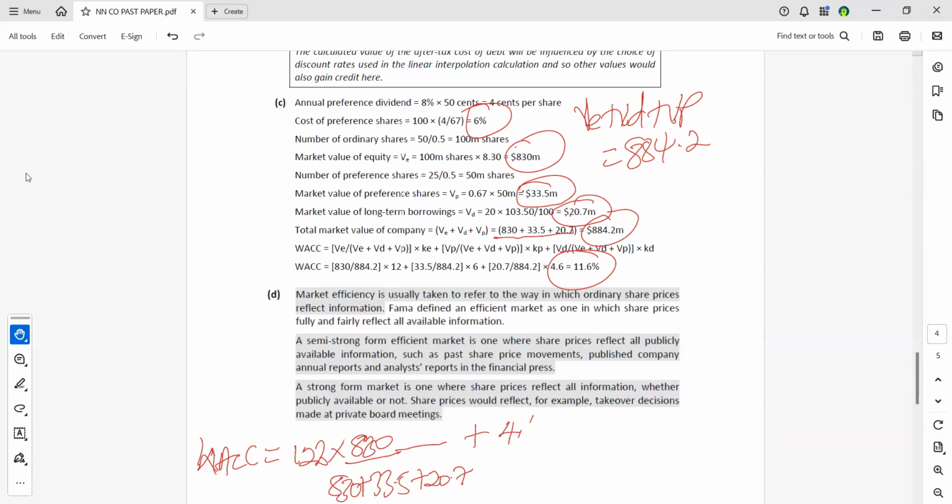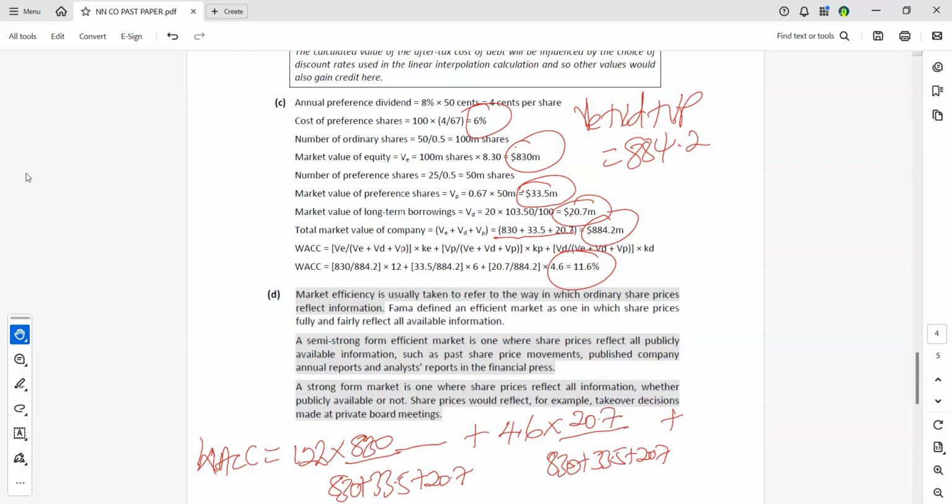Then KD is 4.6. KD times 1 minus T is 4.6. The value of debt is 20.7 all over 830 plus 33.5 plus 20.7, plus KP, the cost of preference.